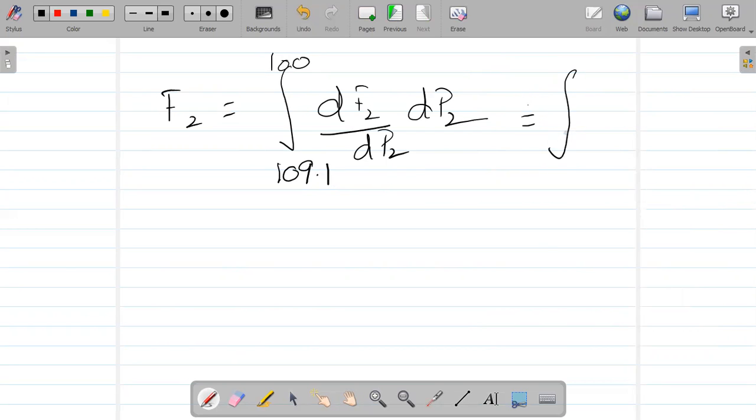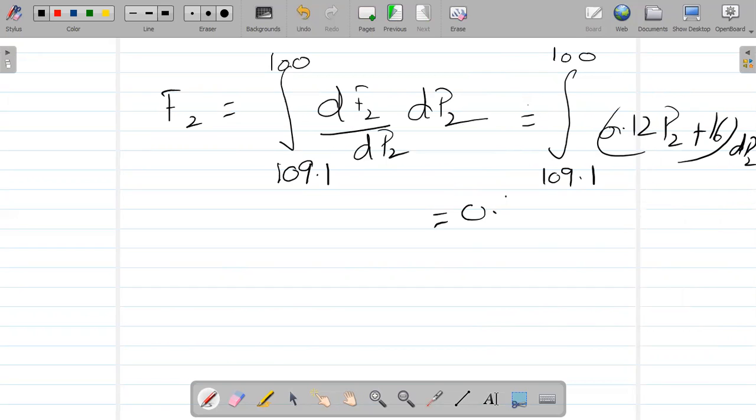So the integral of 0.12 P2 plus 16 with respect to P2. You have to integrate. So between 109.1 and 100, that equals 0.12 P2 square by 2 plus 16 P2.